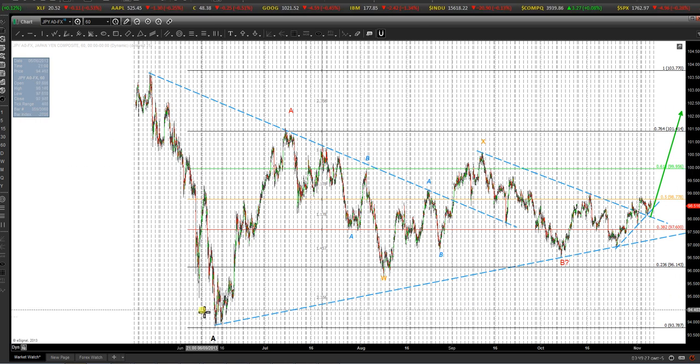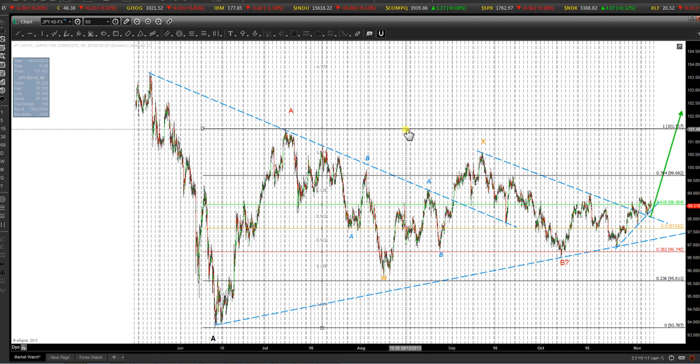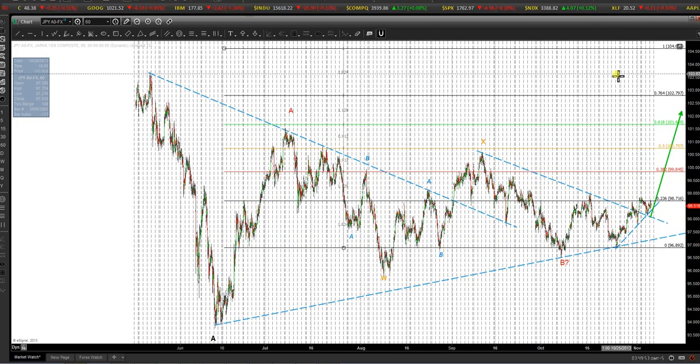We had that larger wave A down, and currently we're working on that larger wave B. Now within that larger wave B, we see that we had the A, then that complex B wave, and now we're working on the C. And if we take a look at the A, let's try to get a target for wave C. We see that the initial target is set at 101.5, as that would be a 61.8% relationship with wave A. So that puts our target at 101.5.